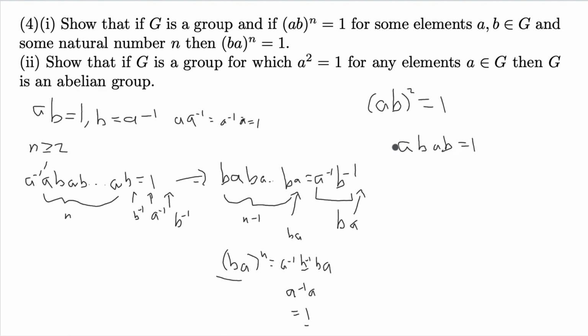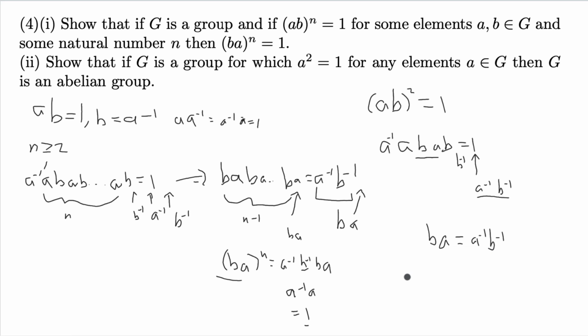And now let's multiply by A inverse on the left and then B inverse on the right, and we're going to do that on this side as well. So what are we left with? A inverse A is the identity, BA, and then B inverse is the identity again. So on the left, we're left with BA. On the right, we're left with A inverse B inverse.